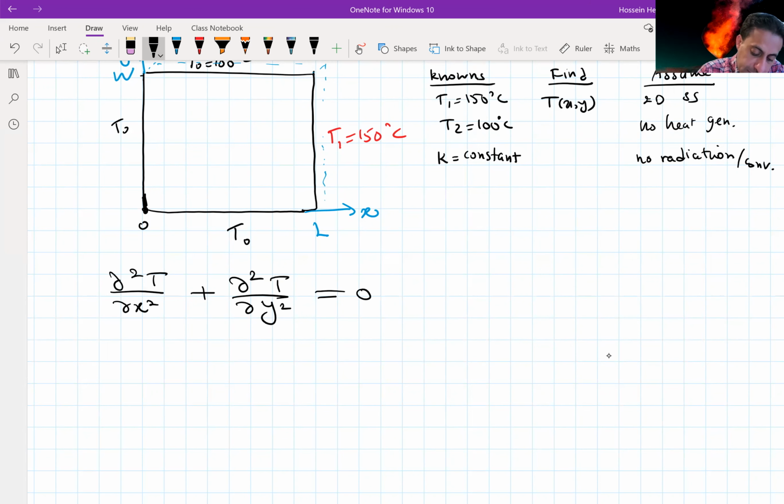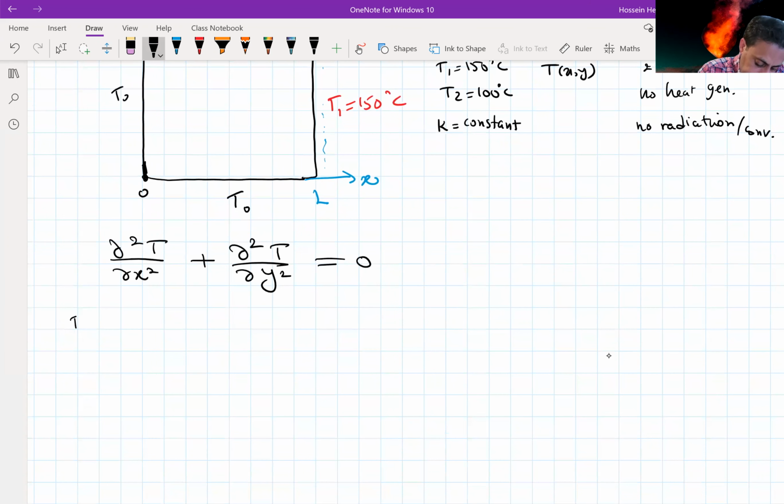Now, in order to simplify this solution, we normalize. We can normalize the temperature distribution.